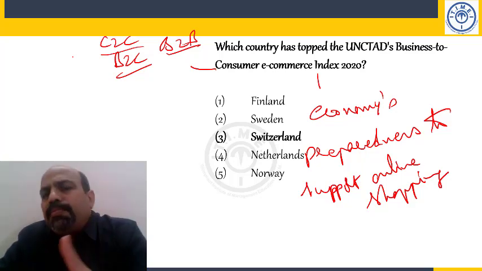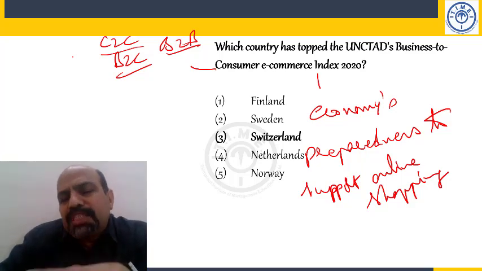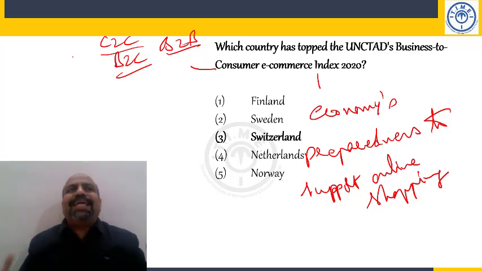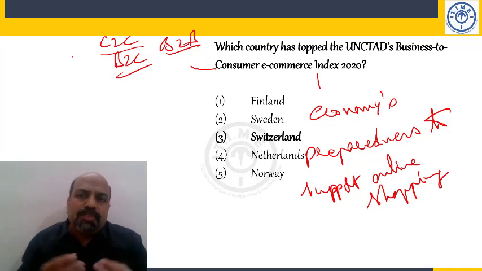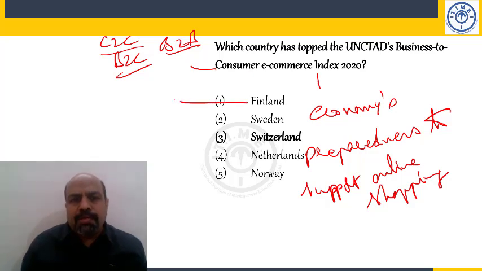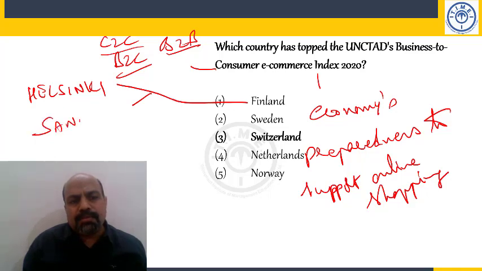Switzerland has topped because almost everyone in the country, 97% of the population, uses the internet. Because of high internet penetration, high disposable incomes and everything, they have topped this particular online shopping index. Would you want to know about any of these places? Finland, you could write capital Helsinki. And the Prime Minister is Sanna Marin.